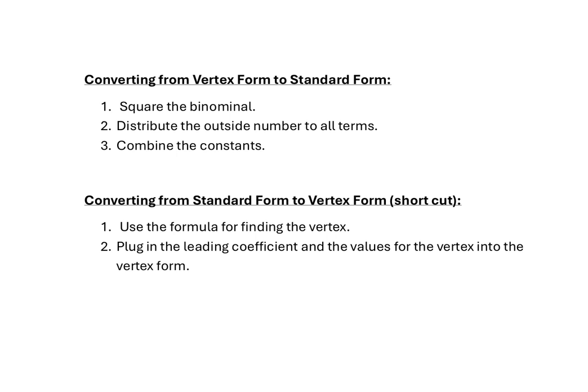So remember that vertex form is f of x equals a times x minus h squared plus k. Standard form is f of x equals ax squared plus bx plus c.